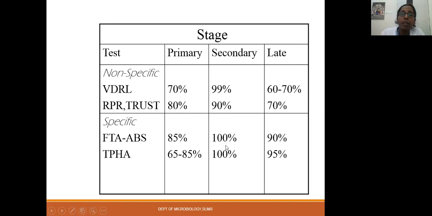Both non-specific and specific tests in the secondary stage will be more positive. The sensitivity will be much higher than in the other stages. It is very difficult to pick up in the primary stage of syphilis.